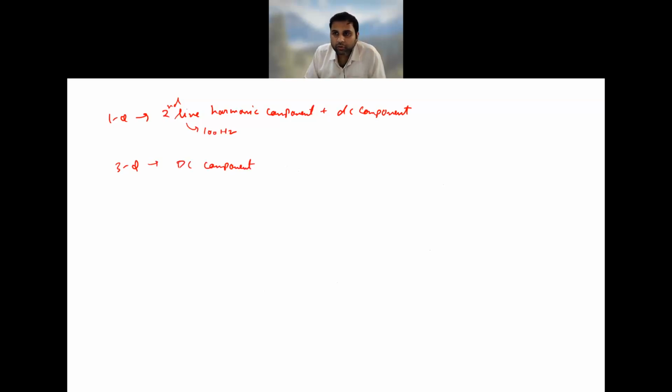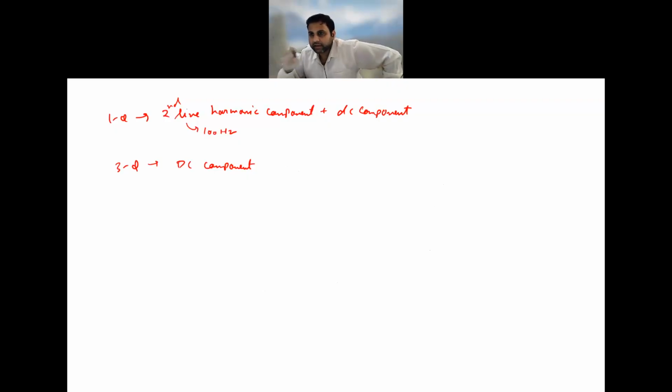and there is no second line harmonic component, because when you do Vs peak sin omega t into Is peak sin omega t, plus Vs peak sin omega t minus 120 into Is peak sin omega t minus 120, plus Vs peak sin omega t minus 240 into Is peak sin omega t minus 240, it will all come down to be just the DC quantity.